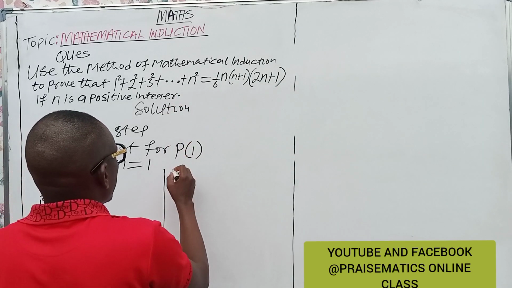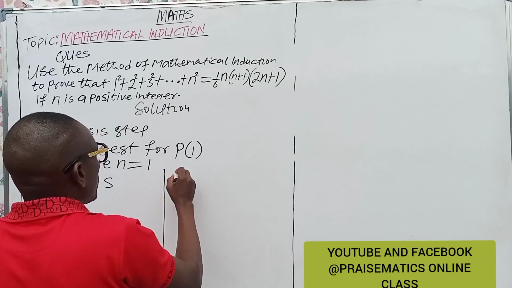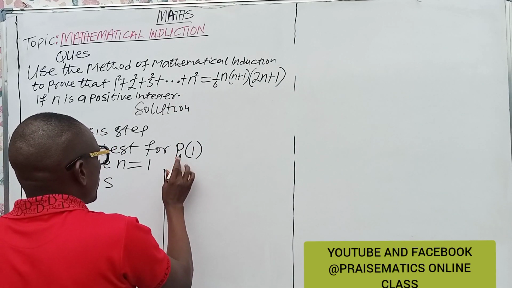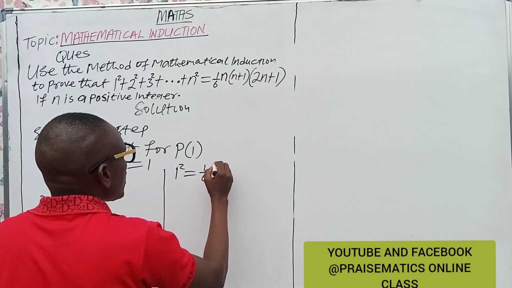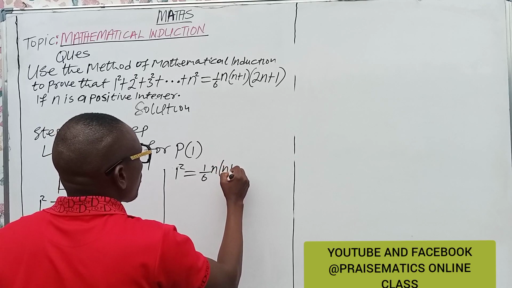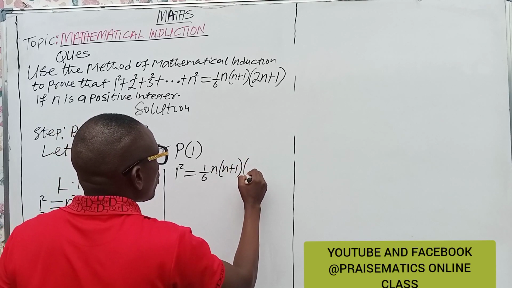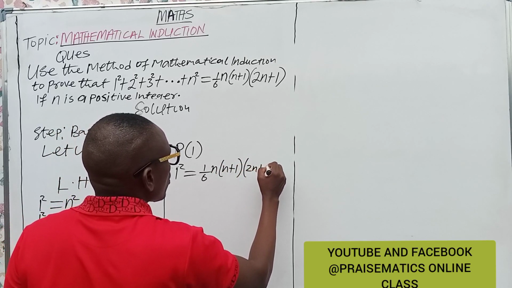Now let's go to the right hand side. Now 1 square, is it equal to 1 over 6 n into (n plus 1) into (2n plus 1)?